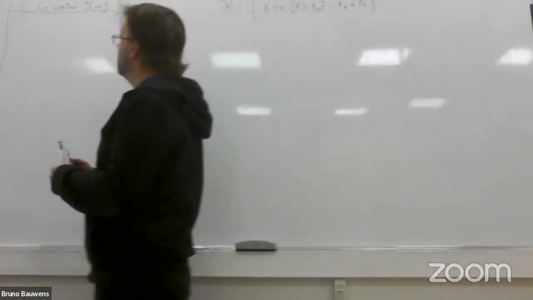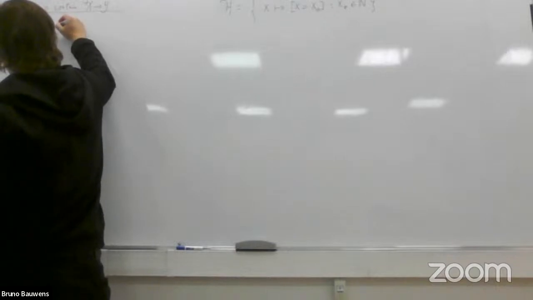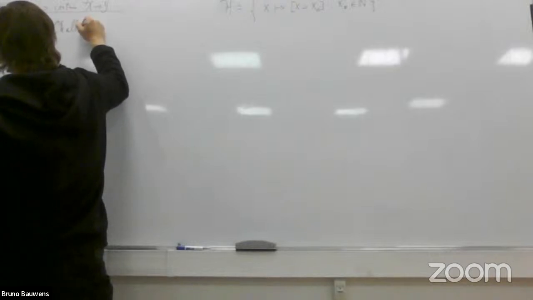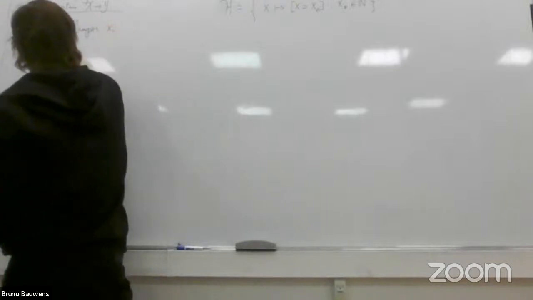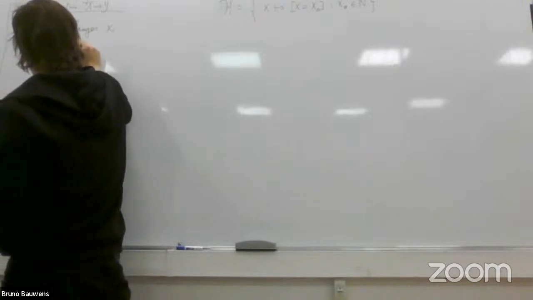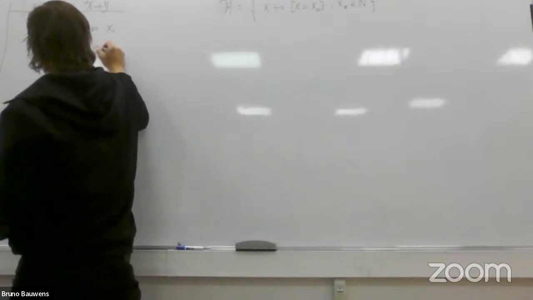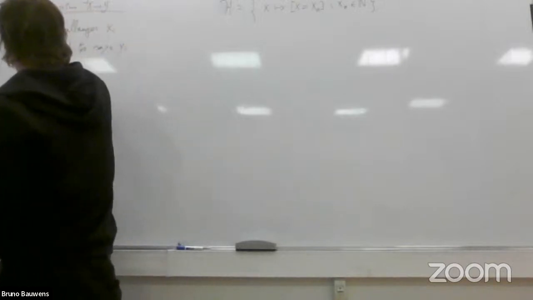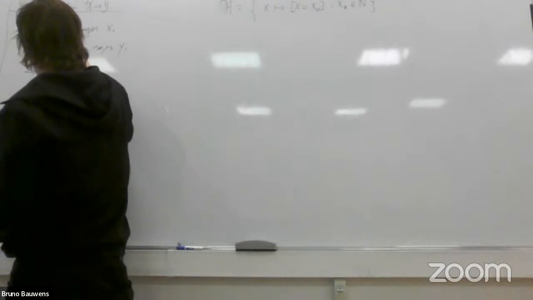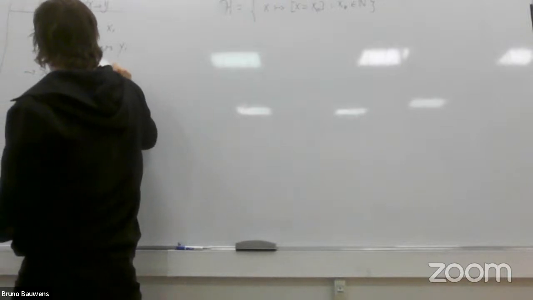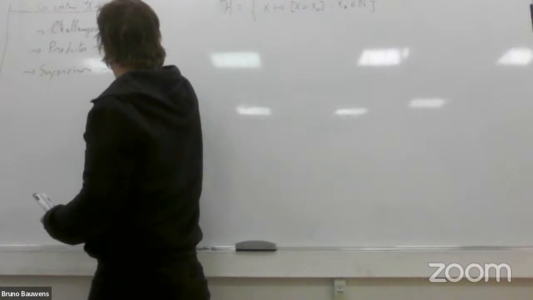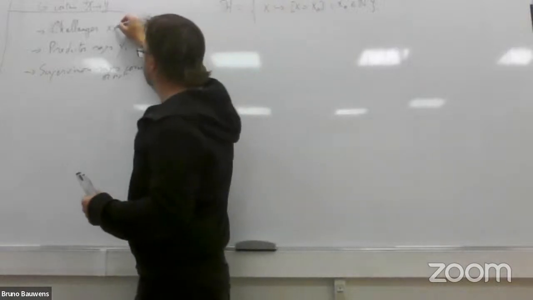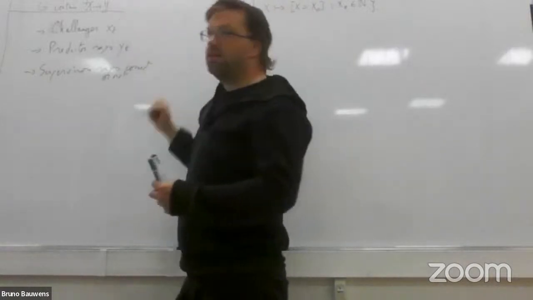We have the round: the challenger gives x1, the predictor says y1, then the supervisor says correct or not. And then it's repeated. So in round t, it says x_t, y_t, and so on.